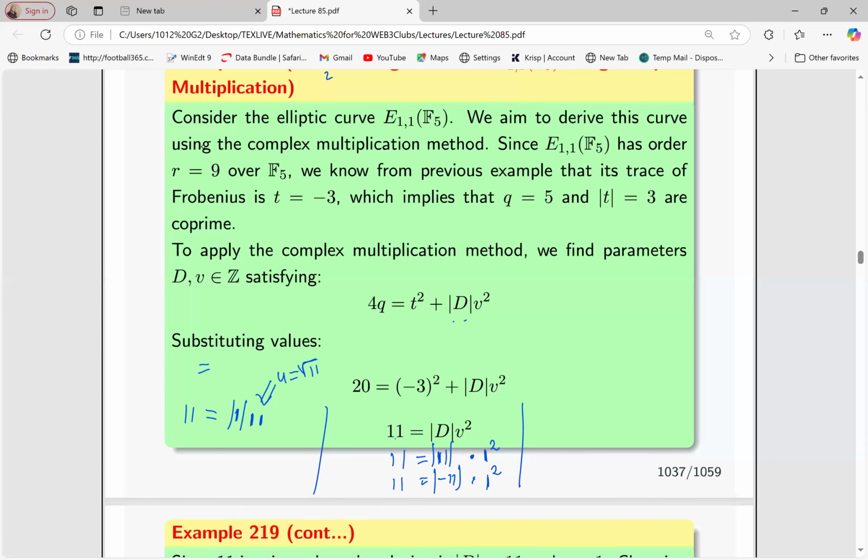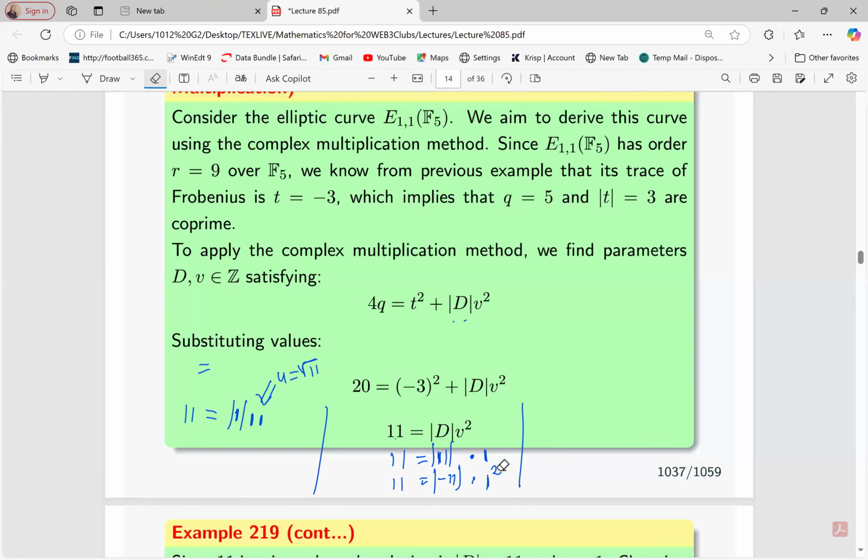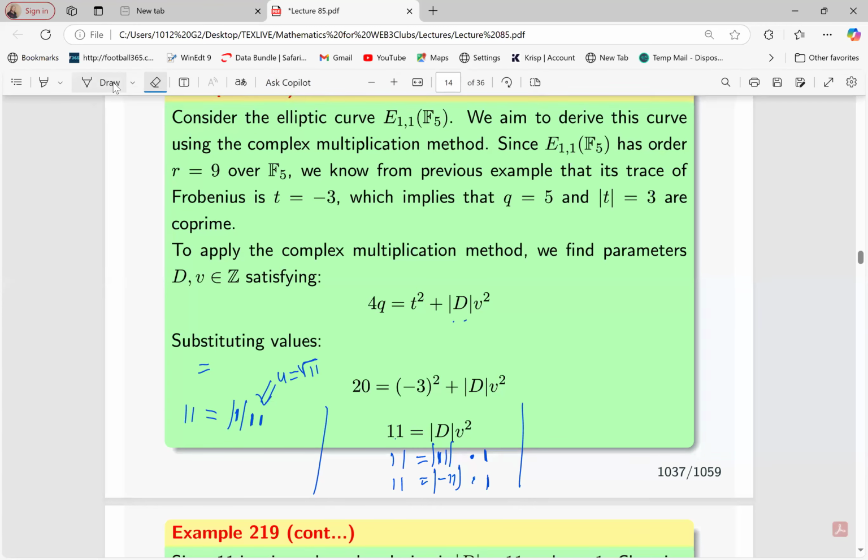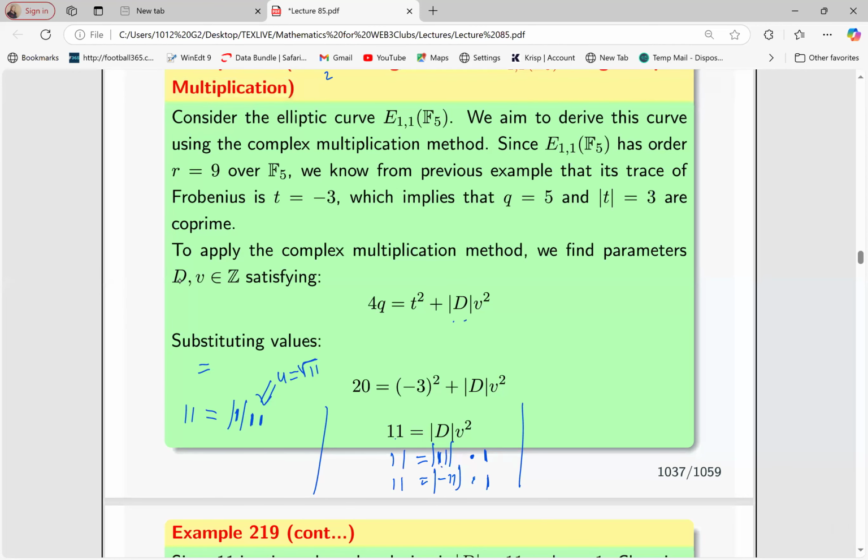That's what it means. Let me just remove this. That is what it means, because here, when I wrote 11 times 1, it just meant that V square was 1. So I can obtain V, which is the square root of 1.